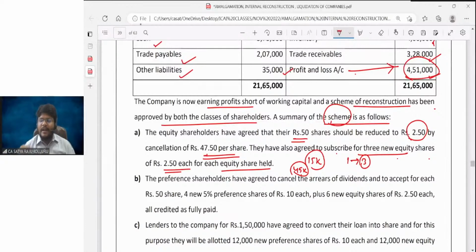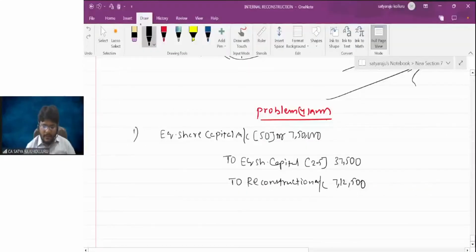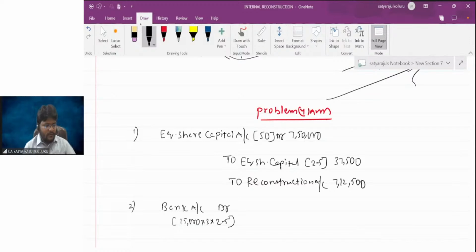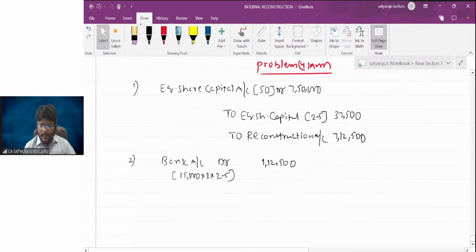Now, this is additional number of shares issued to augment their working capital. Further, the normal entry you should pass is Bank Account debit to Equity Share Capital Account. Bank Account debit, in brackets, how many equity shares? 15,000 into 3 into 2.5. How much? 45,000 into 2.5, which is 1,12,500. To Equity Share Capital Account.